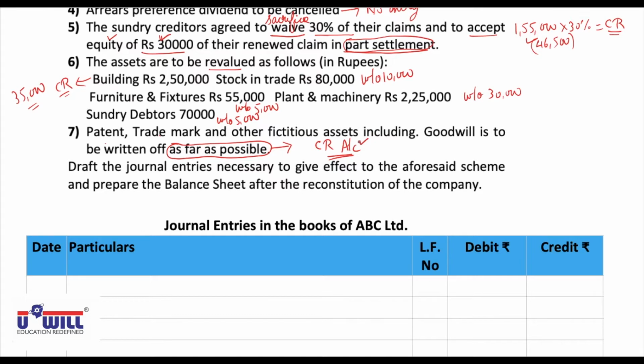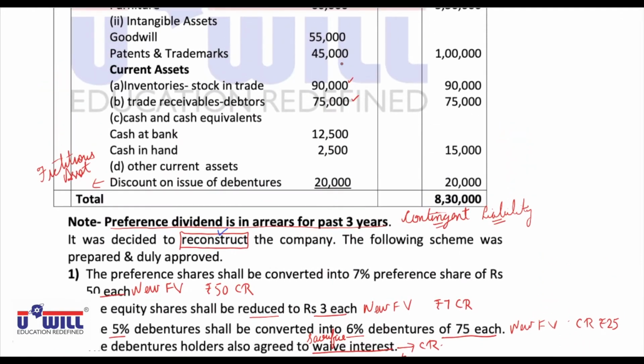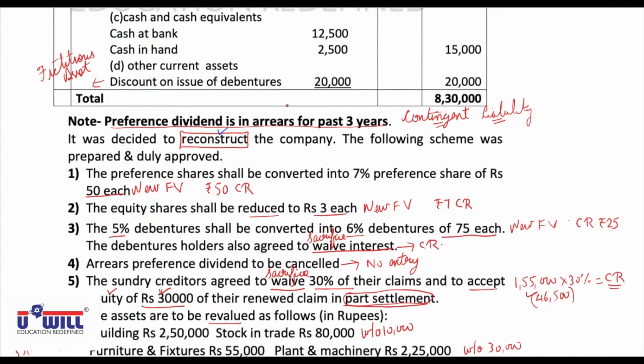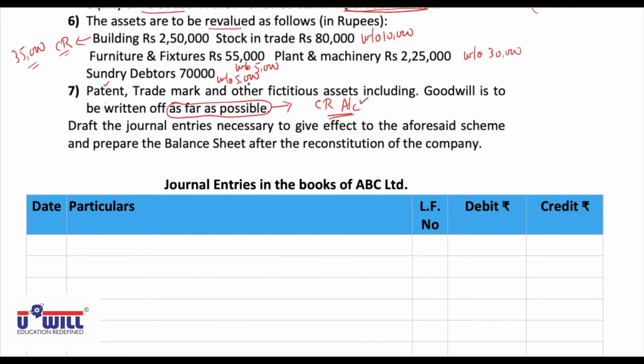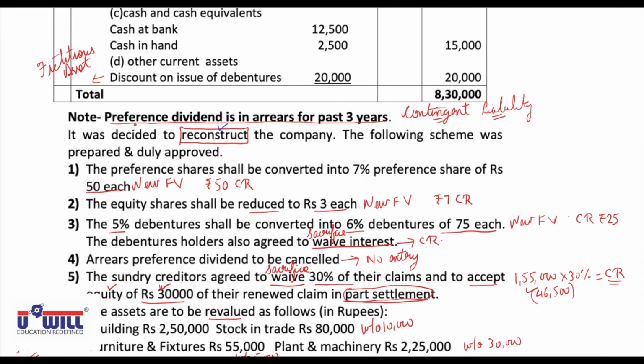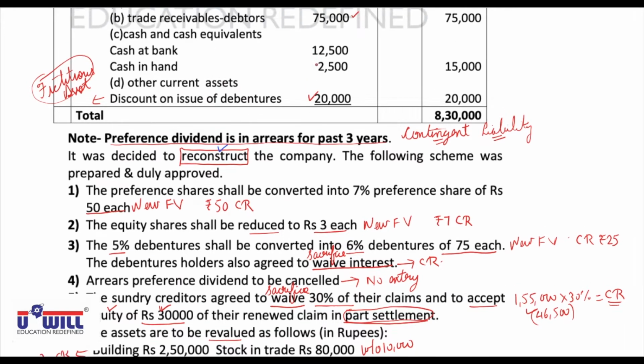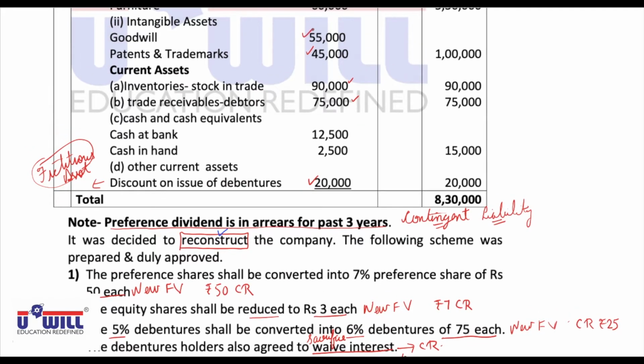And then we will see how much amount is transferred to capital reduction and how much balancing figure is remaining. If the balancing figure is sufficient, then patents and trademarks 45,000, other fictitious assets including goodwill. So other fictitious assets means, we discussed, discount on issue of debentures is a fictitious asset, 20,000, including goodwill 55,000.